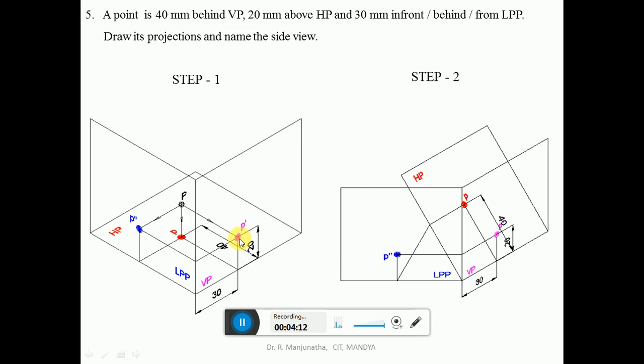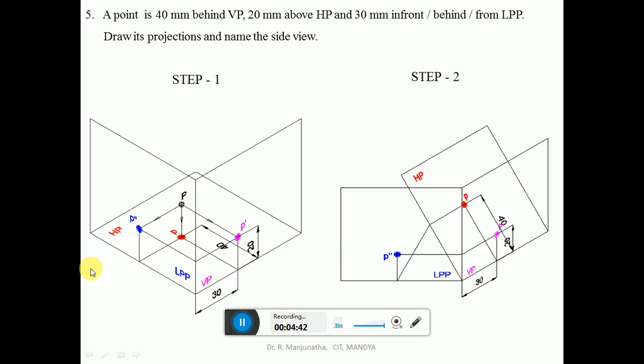The image on the vertical plane will be P dash. And when you look from the top view, the distance behind VP is the same. That distance, when projected on the horizontal plane, will be the distance behind VP.